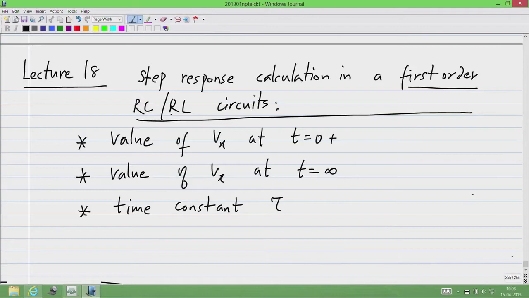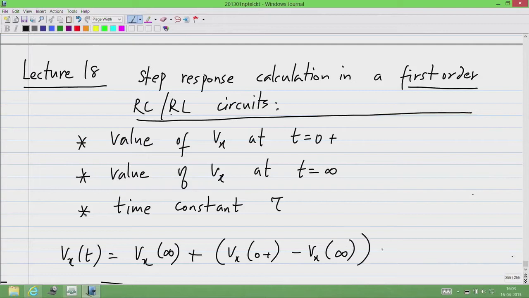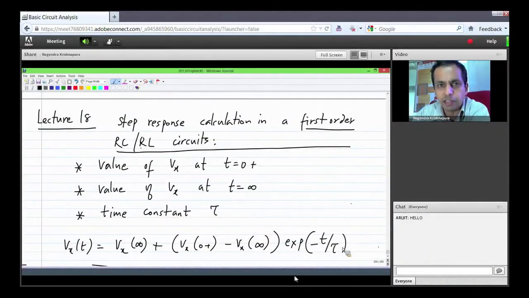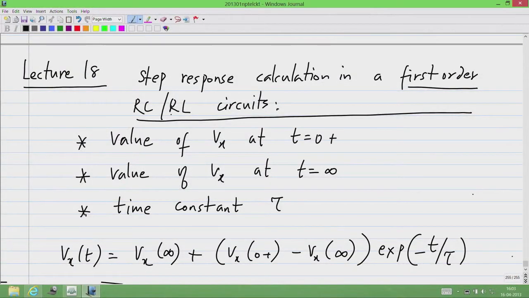Once you have all of this, the response is given by a general expression that is applicable to any quantity in a first order RC or RL circuit. In our examples, we have been taking only an RC case, that is with a capacitor, but the same thing applies to an inductor. If we have time, we will work out an example today.